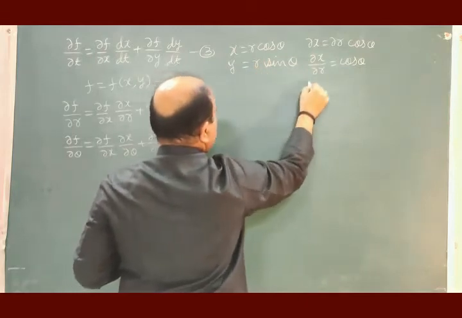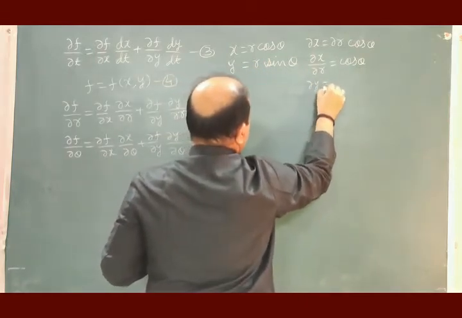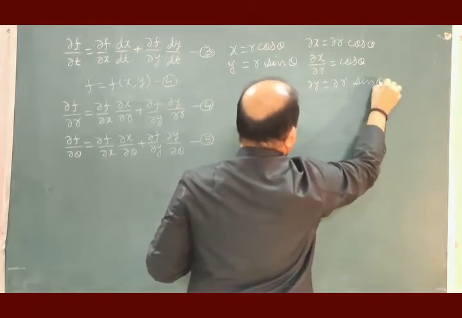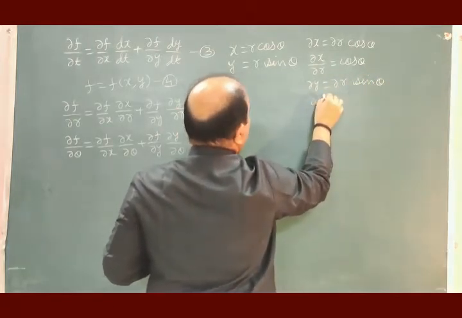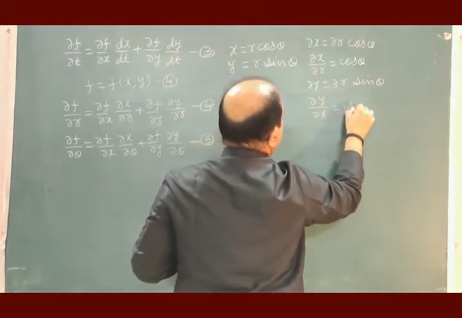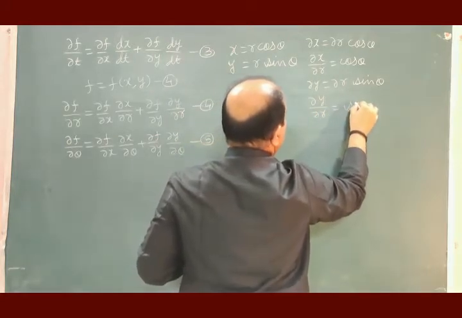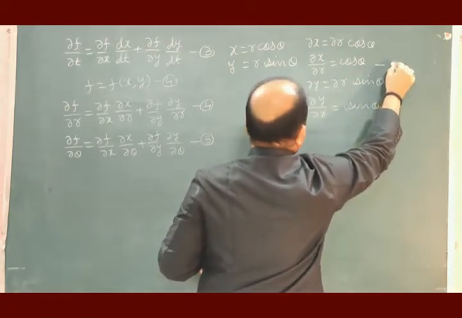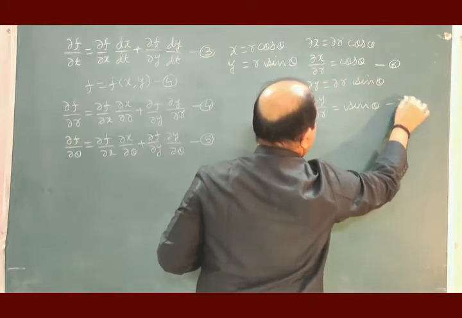From this equation, dou y is equal to dou r sin theta, or dou y by dou r is equal to sin theta. Equation 6, equation 7.